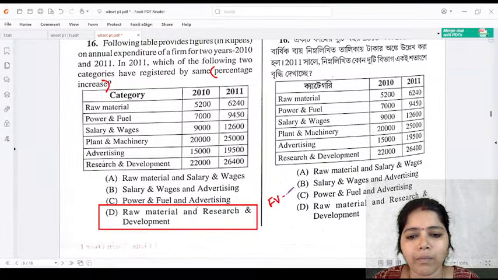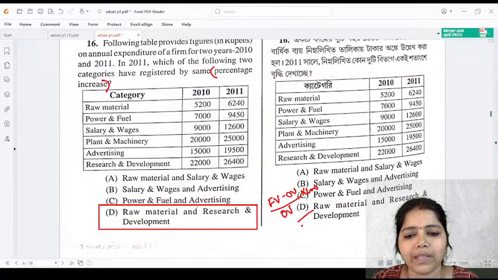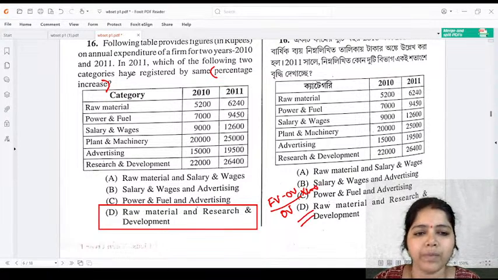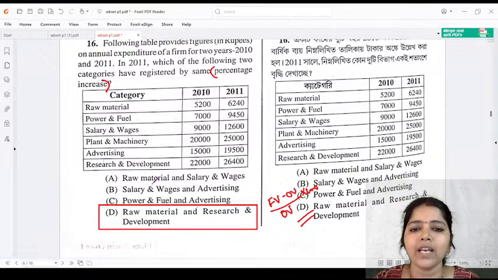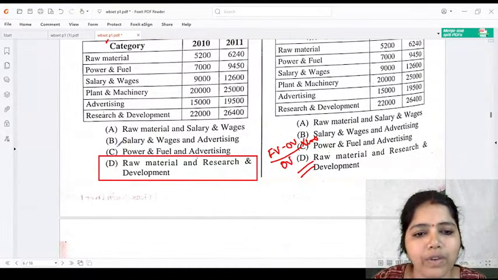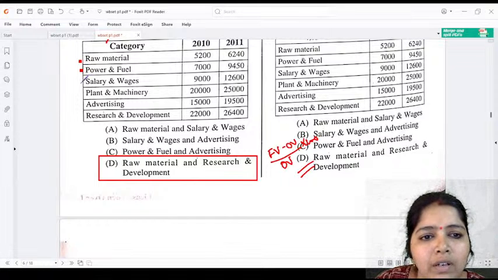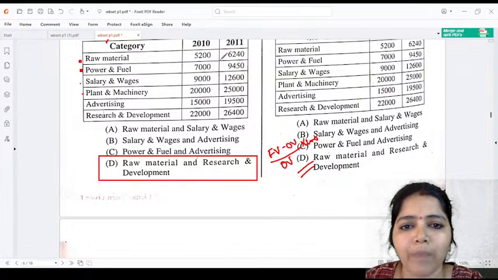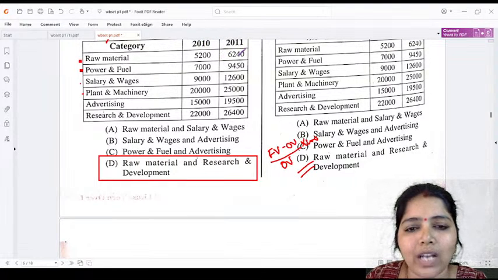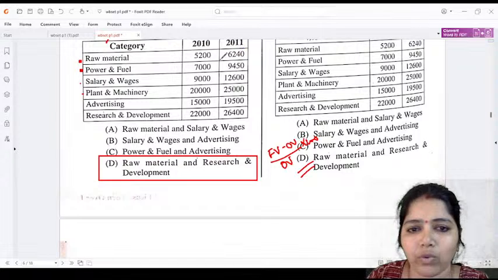Final value minus old value divided by old value into 100 will be the percentage increase, right? Here I'll be doing it for raw material first. We have to find it for raw material, power, sales, plant and machinery, everything. How to find out, ma'am? Just subtract 2011 minus 2010 divided by 2010.